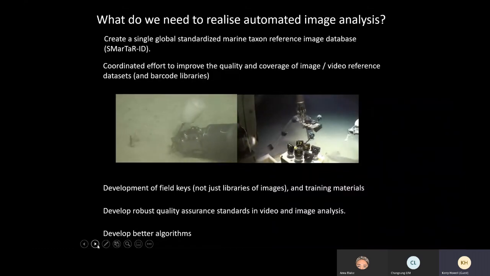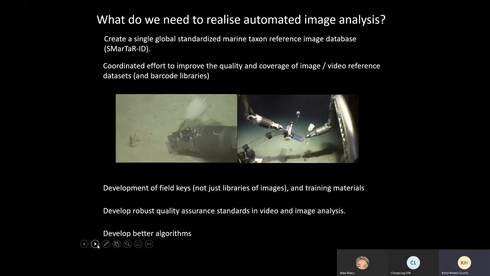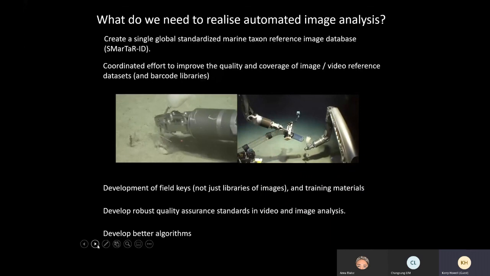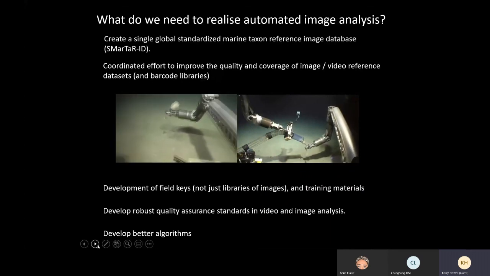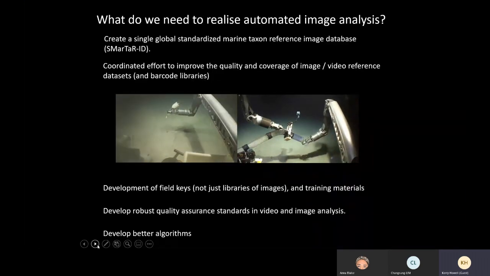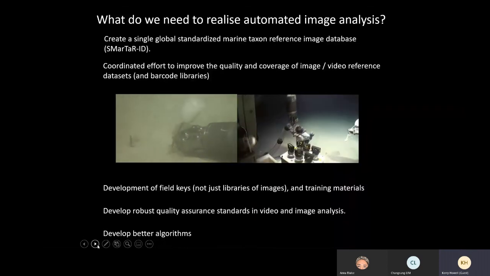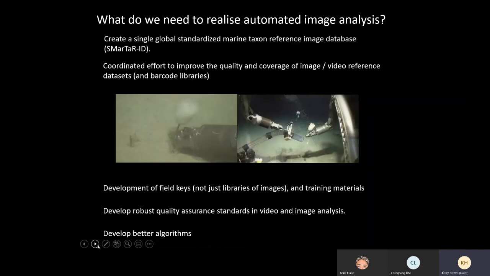At the moment, lots of the images don't have a physical specimen to confirm identification. What we want to see is people working globally to photograph an animal in situ, collect it, as you can see the ROV arms doing here, and then have that actual animal identified by a taxonomist as a physical specimen. It can also be barcoded, which will have relevance to the eDNA talk that I know you're going to hear. And over time, we will improve the quality and coverage of this image reference database.